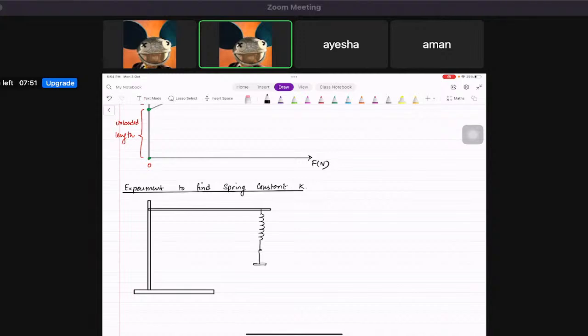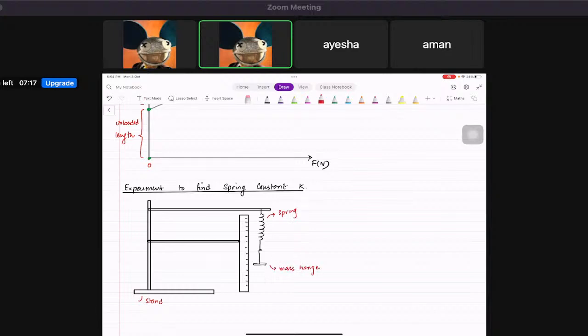And then from the other hand, we also need to place a ruler such that we can take the lengths. Okay, this is the ruler, meter rule. So this is our stand, this is the spring, this is a mass hanger.